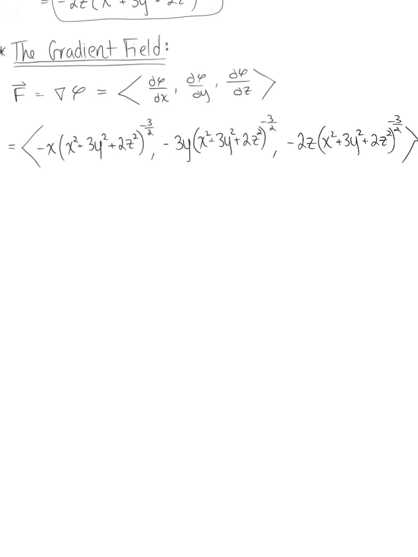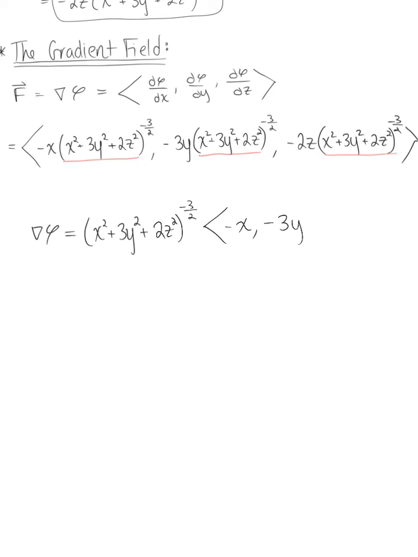Again, there's nothing wrong with this answer except that it's rather large. So to make this look a little bit nicer, we can factor out our greatest common factor here, this radical, to the front, and say that del phi is defined as x squared plus 3y squared plus 2z squared, all raised to the minus 3 halves, multiplied by the vector with components negative x, negative 3y, minus 2z.